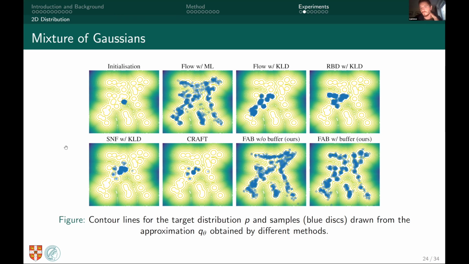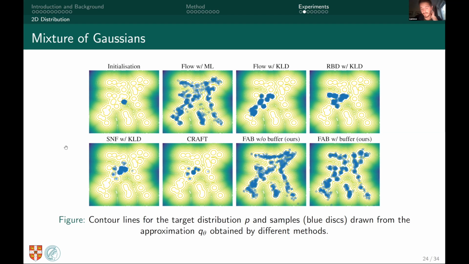We have a flow with a resampling base distribution, which is a method that can improve the expressiveness of a flow by adding a resampling step in the base distribution, but this similarly doesn't work. Then we have SNF and CRAFT, which are methods that combine flows with MCMC, but they also both use a reverse KL divergence style objective. This leads them to also capture just a subset of the modes.